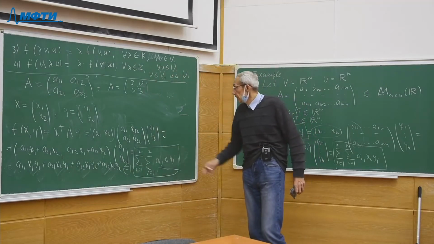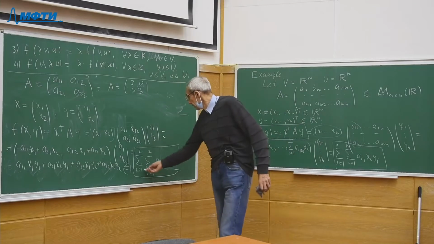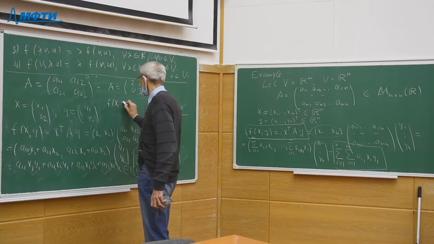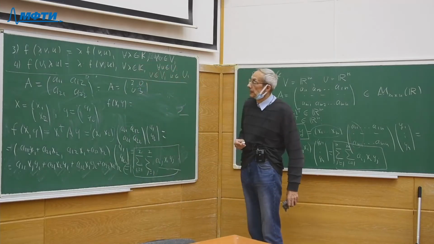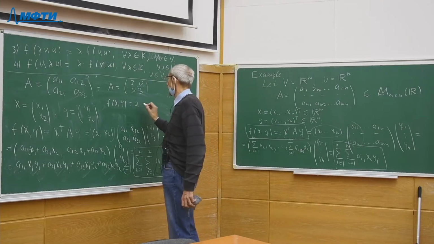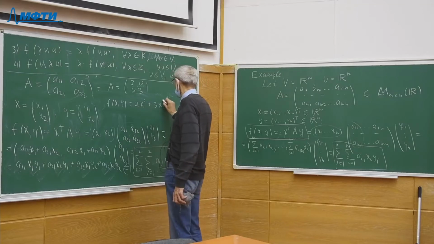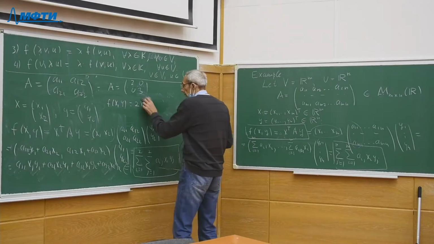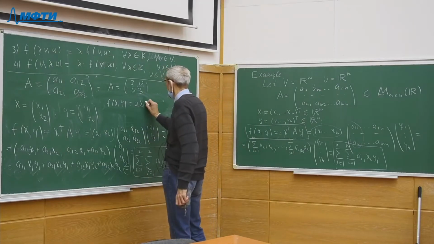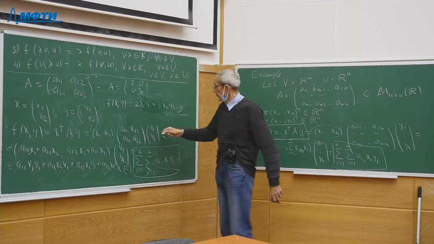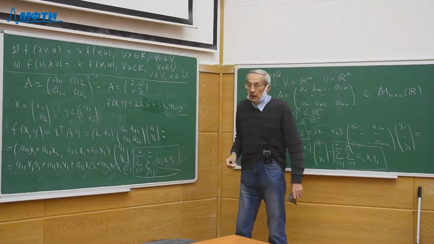From this matrix, using this formula, we obtain that our bilinear form has the following form: 2 x1 y1 plus 3 x2 y2.